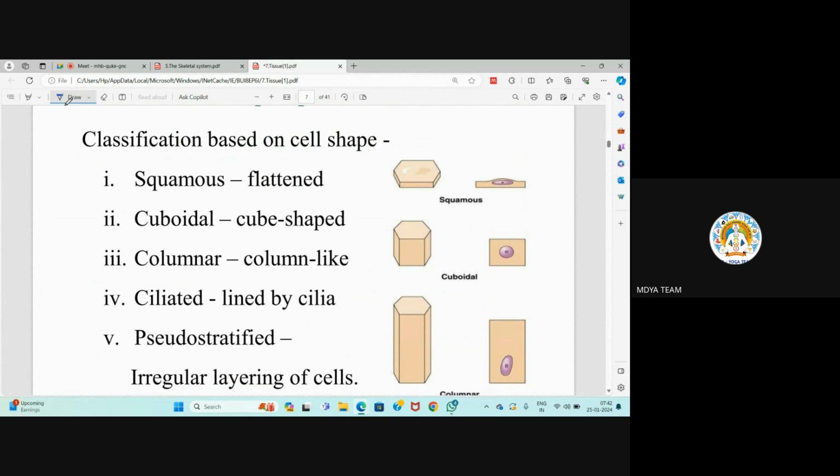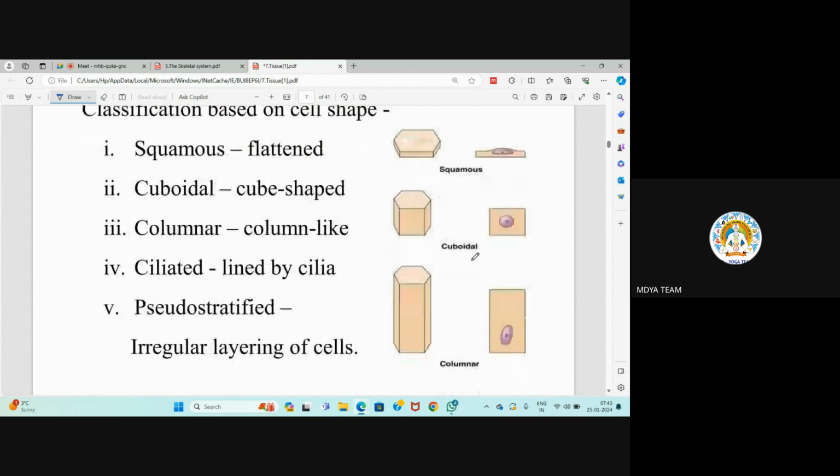You can see in this picture, this is the example of squamous epithelium that is flattened. Now, next is cuboidal epithelium. It is clear from its terminology. Cuboidal means cube shaped. You can see in this picture, it is almost cube shaped. Columnar epithelium is column shaped. You can see here in this picture, it is almost column shaped.